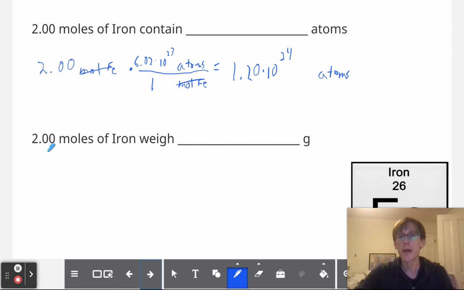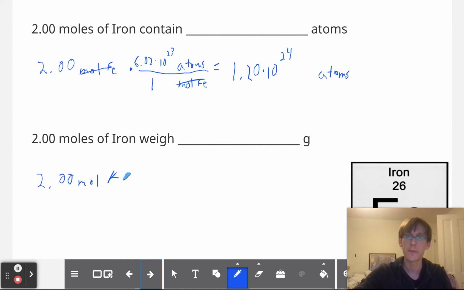Now, if we have 2.00 moles of iron, well, they weigh how many grams? We know that the molar mass of iron is 55.85 grams per mole. So we start off with our 2.00 moles of Fe.